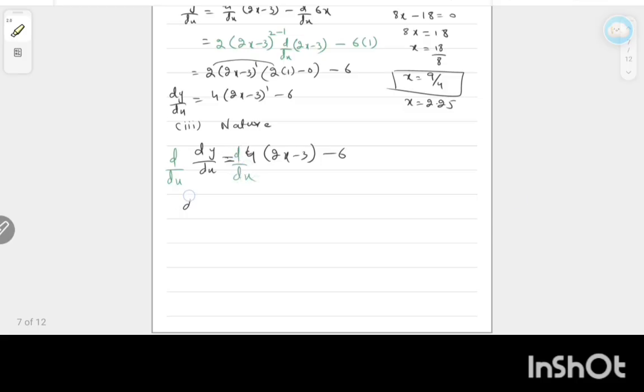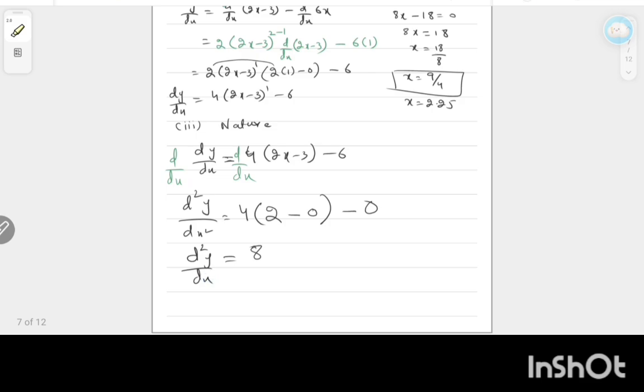Now, when we take the derivative, d²y over dx² is 4 times the derivative of 2x minus 3. The derivative of 2x is only 2, the constant minus 3 gives 0, and minus 6 also gives 0. So our answer is 4 times 2, which is 8, for d²y over dx².